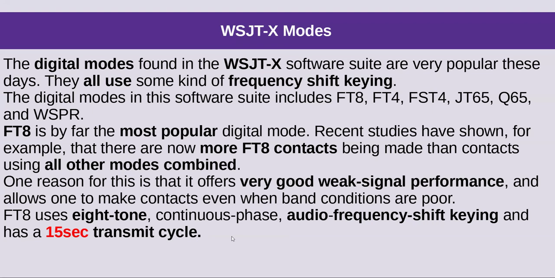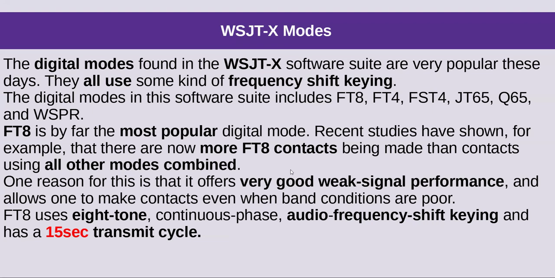The transmit cycle is 15 seconds and the decode cycle is 15 seconds. So it's a 30-second cycle for every time it wants to transmit or decode. And the other thing, like they mentioned, you can set it up so you start on odd or even time slots.